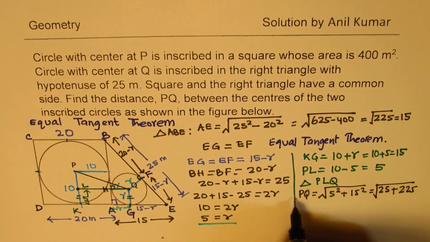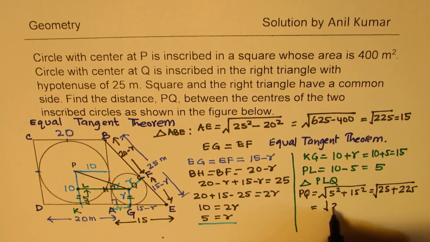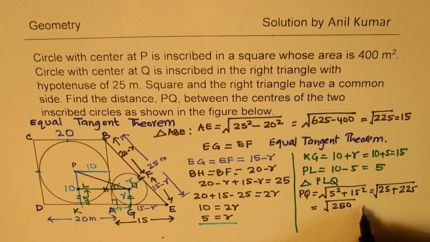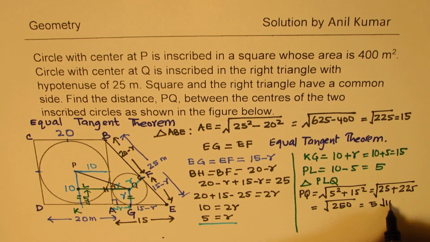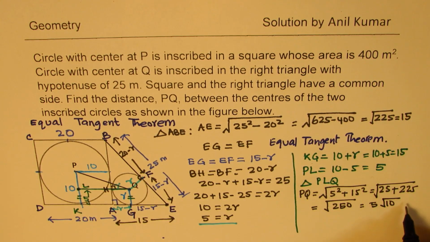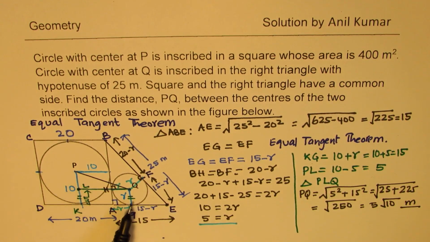So PQ is the square root of 250, or 5 square root 10. Units are in meters. So we get our answer as PQ equal to 5 square root 10.